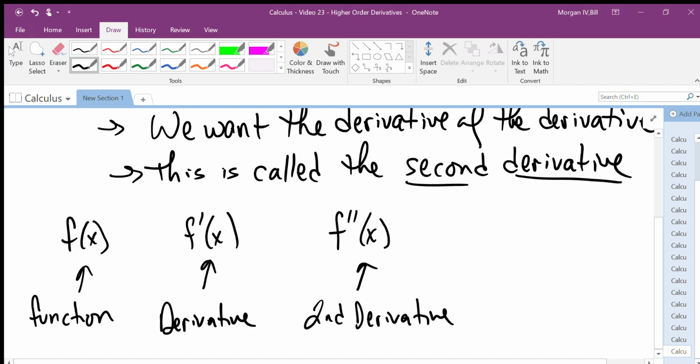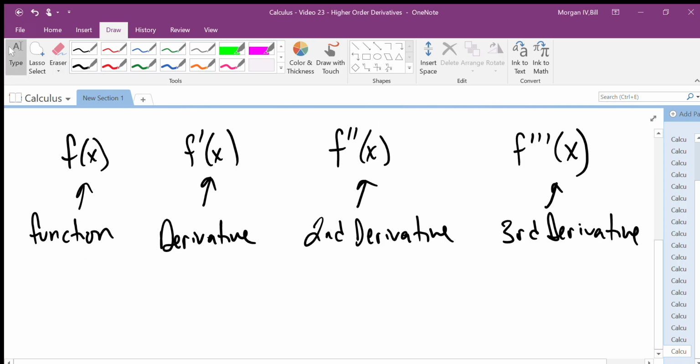You can keep going. You don't have to stop here. You can find what's called the third derivative. That would be f prime prime prime of x. That would be the derivative of the derivative of the derivative.